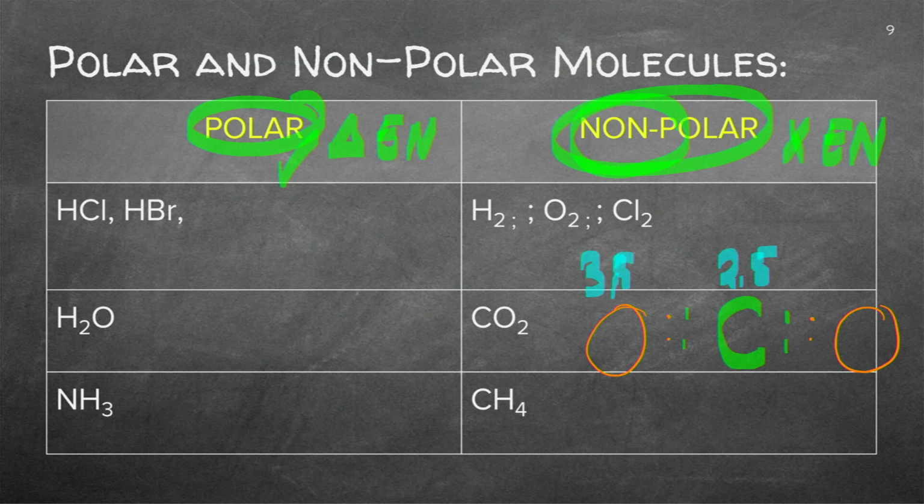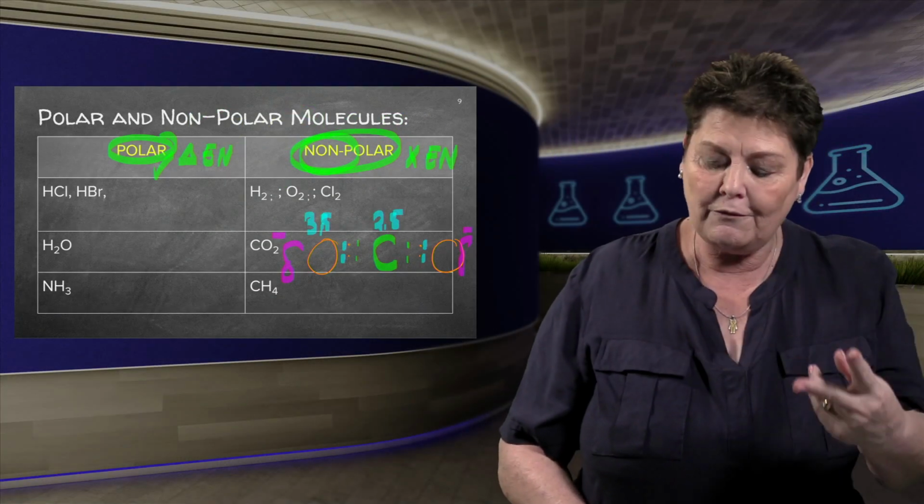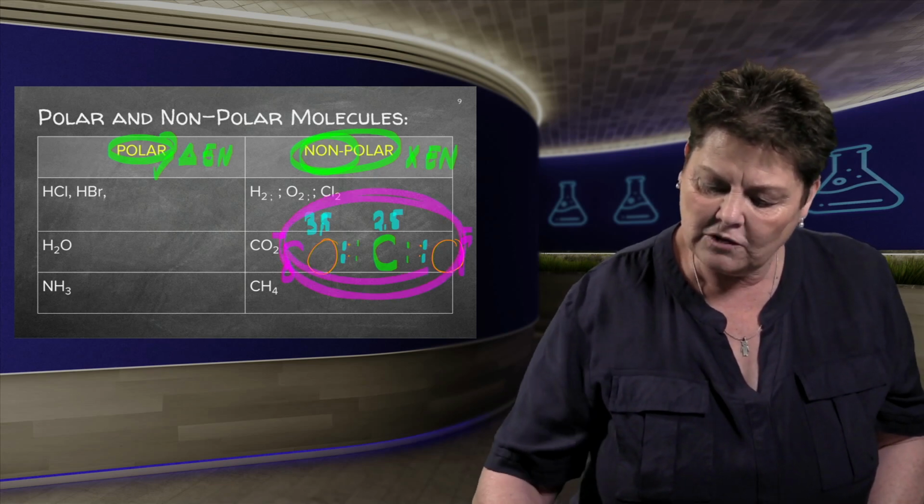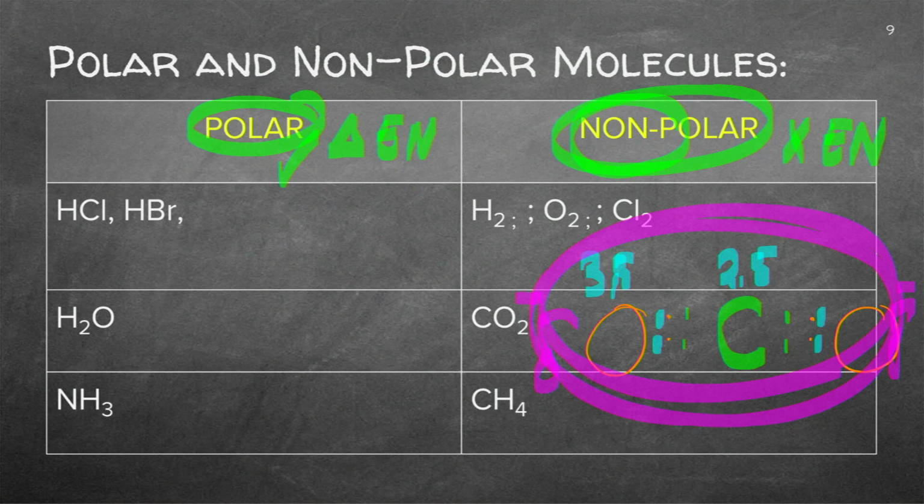So we know these two will be nearer to this side and nearer to that side. That tells me this side is negative and that side is negative. Now, is that polar? Polar meaning two different poles. No, it's not. It's like the outside is negative and the inside is positive. So that's why it's also non-polar.